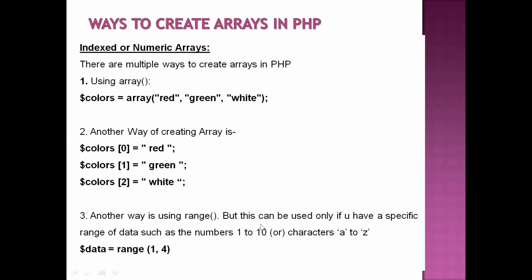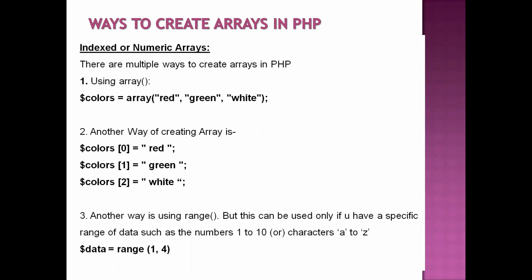In this range function, you have to specify the range of values you want to store in the array. Suppose, if you see the statement, $data equals range(1, 4), that means I am creating one array with the name data, and in that I am storing the values 1 to 4 continuously.